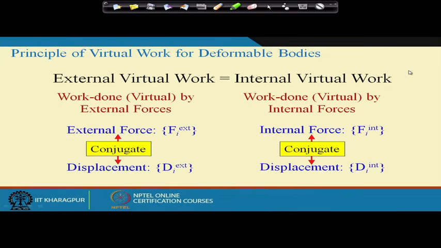Okay. Now, go back to our previous slide. This was the external virtual work, and the principle of virtual work says that external virtual work is equal to internal virtual work.